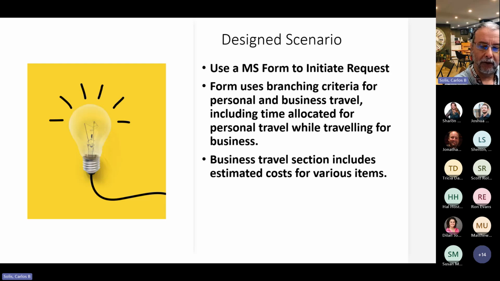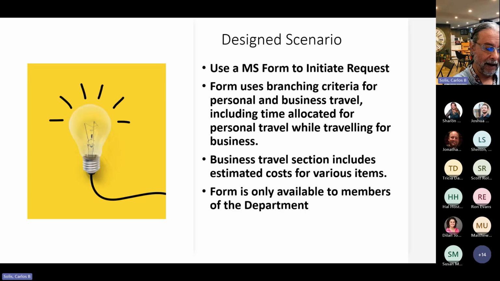We also use estimated costs, which was hard to track in the past. And we take advantage of the fact that we can make the form only available to the members of the department. So even when they link it to external sites, the authentication with the university's Active Directory only makes it available to those department members.